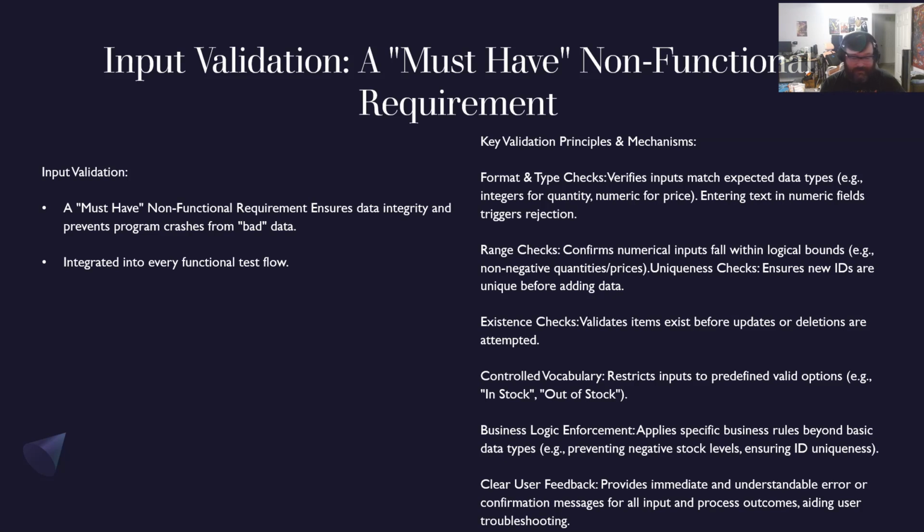We can also do existence checks. I had mentioned this before, going down the flow of checking whether or not an item actually exists within the system. Let's say you're trying to delete a bracelet that does not exist. We want to make sure that it's validating and kicking that out to let you know, hey, that's not showing up properly in our system. If it should be, that can let us know that there's issues that need to be resolved, and why is this one bracelet missing?